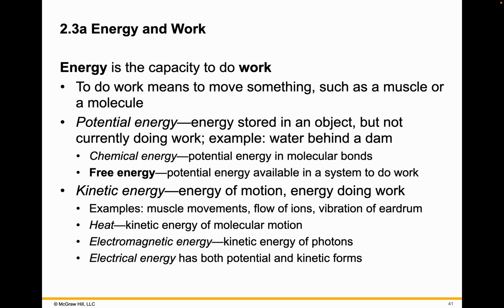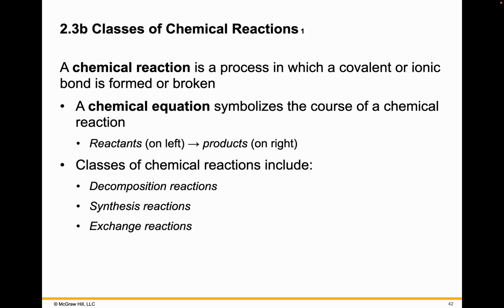Muscle movements, flow of ions, vibrating eardrum. Heat is kinetic energy of molecular motion. Electromagnetic energy is the kinetic energy of photons. Electrical energy has both potential and kinetic forms. And those will be important as we go out the year.